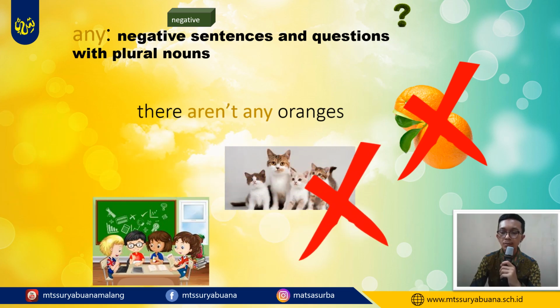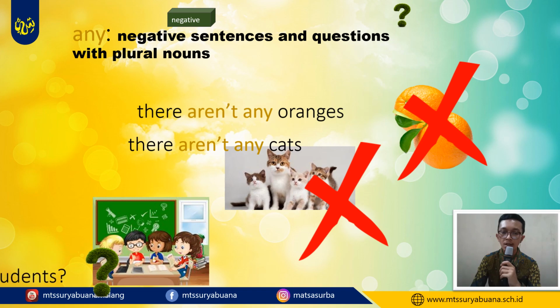Okay, the second picture. There aren't any cats. There are not any cats. This is a negative sentence. You can see here there is the word not in this sentence. And then the last one: if you want to make a question by using any, this is the example for you.